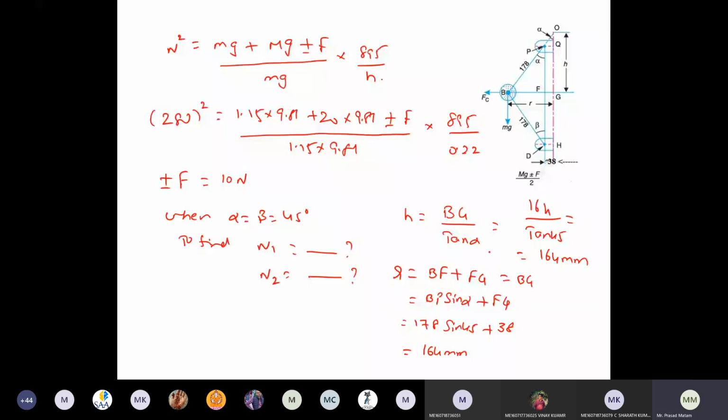Write the equation for n, minimum speed and maximum speed. What is the formula for n1 square? Now we are considering the friction value. We write mg plus capital Mg, and we need to write plus f or minus f here. Let me tell later what to write. Into 895 by h.